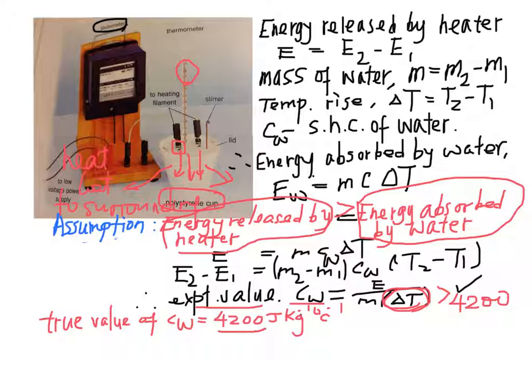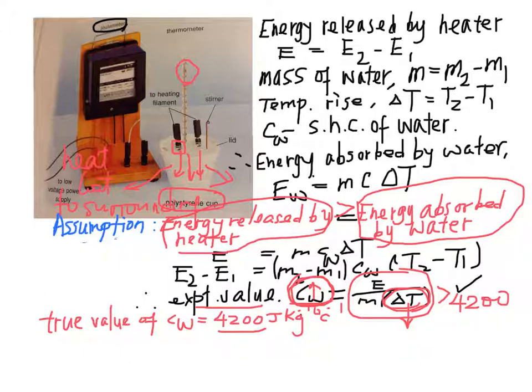Therefore, the value of specific heat capacity of water found in the experiment would be larger. That is, the temperature rise is a bit smaller than expected. Therefore, from this formula, the specific heat capacity of water found in the experiment would be higher.